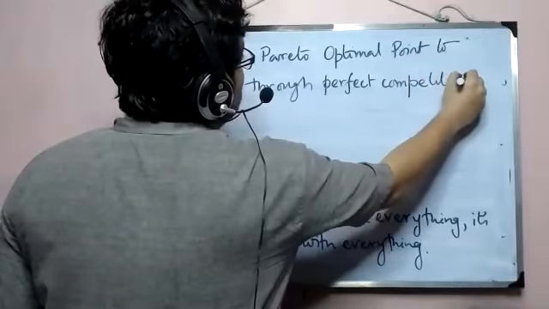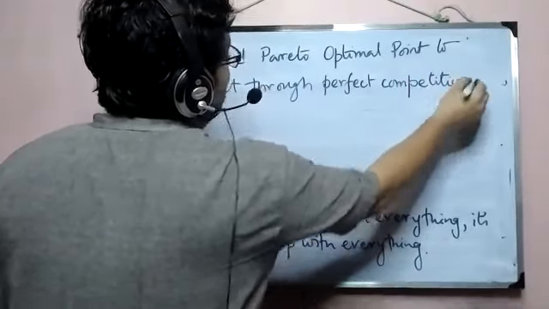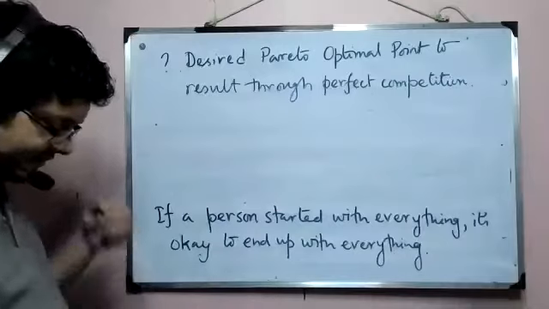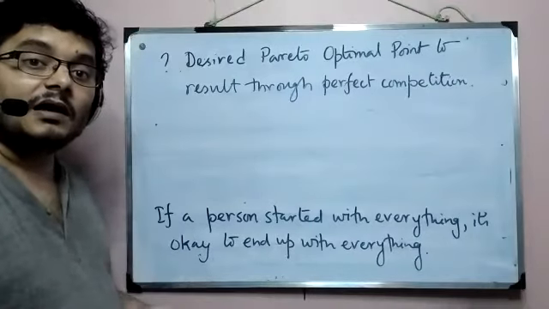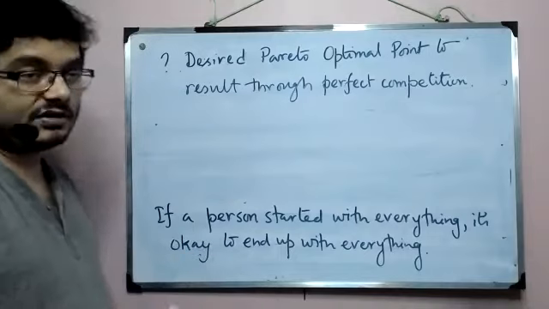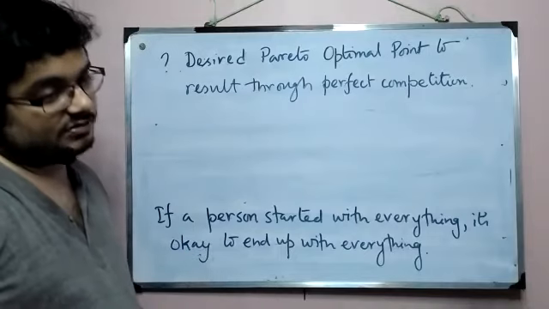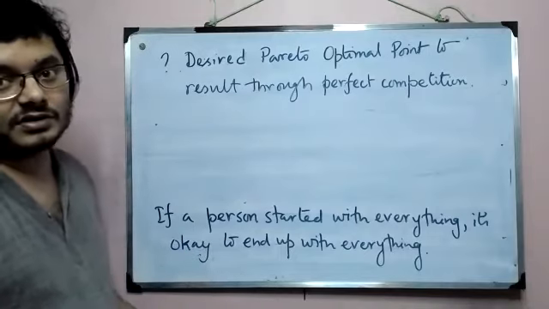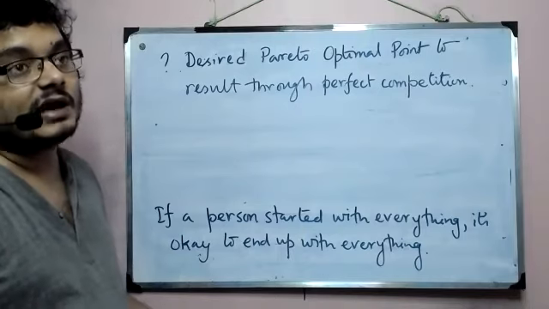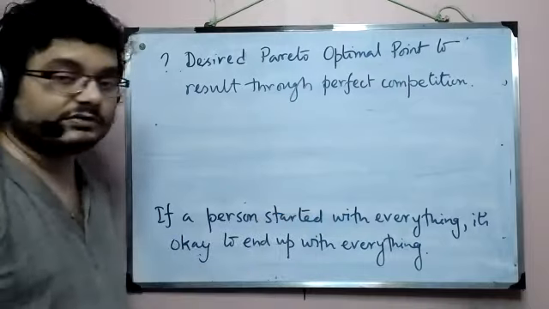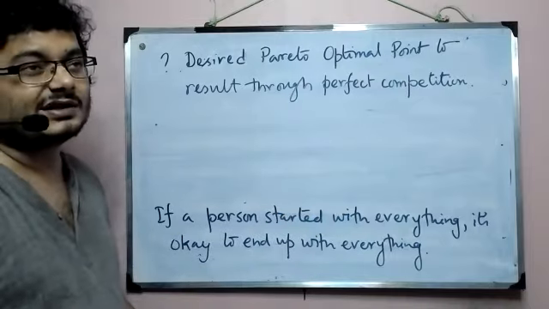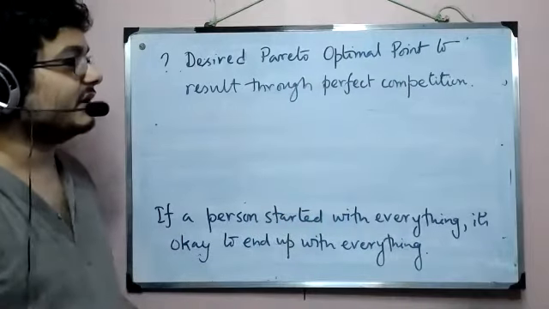Okay, so understand the question. We can organize perfect competition, and we know that if we can organize perfect competition, it will be Pareto optimal. But we also observe that there may be Pareto optimal states with one having everything and others nothing, which is definitely not good.